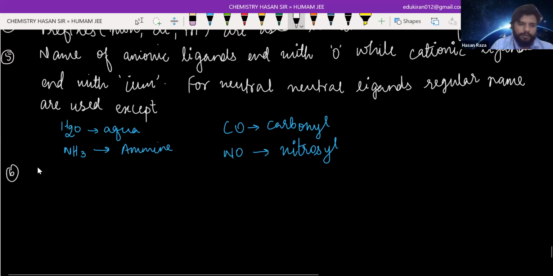The sixth one is oxidation. After writing all this, the oxidation state or oxidation number we can write.